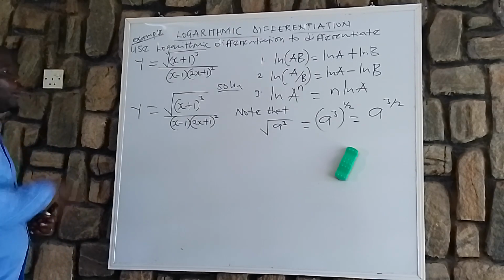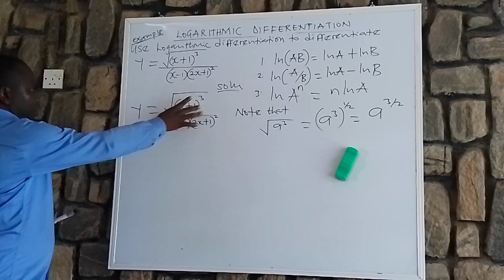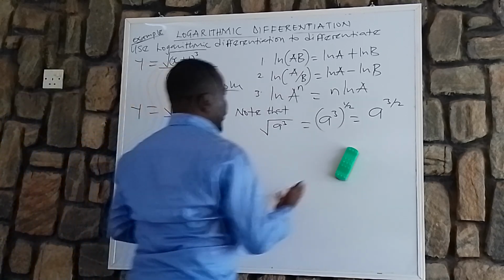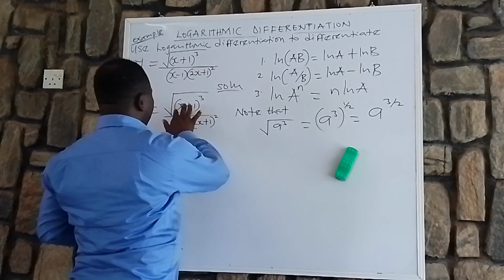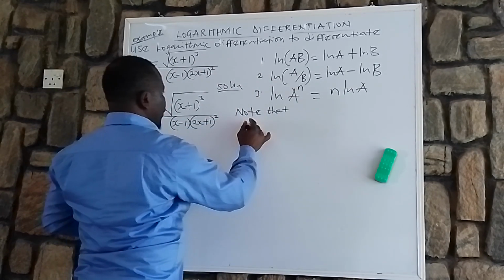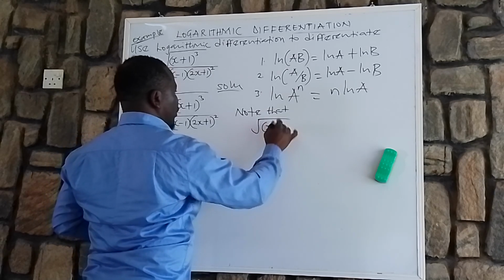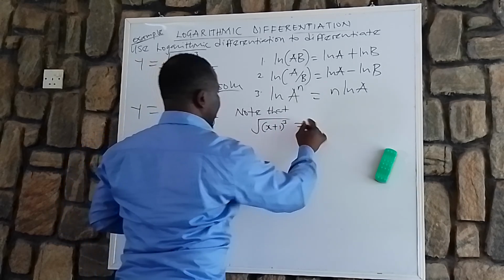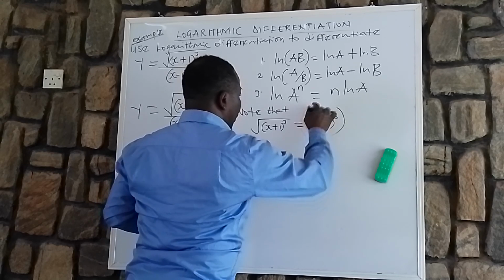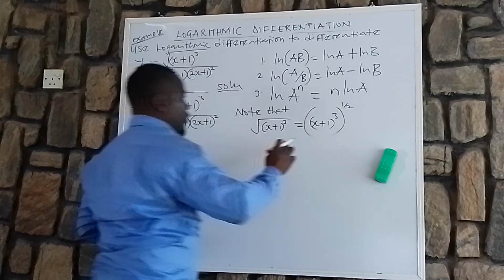Okay. So if you agree with me, let's consider this numerator this way. Note that if we have the square root of x plus 1 raised to the power of 3, this is the same thing as (x plus 1) raised to the power 3, in another bracket, raised to the power 1 over 2, because the square root is 1 over 2.